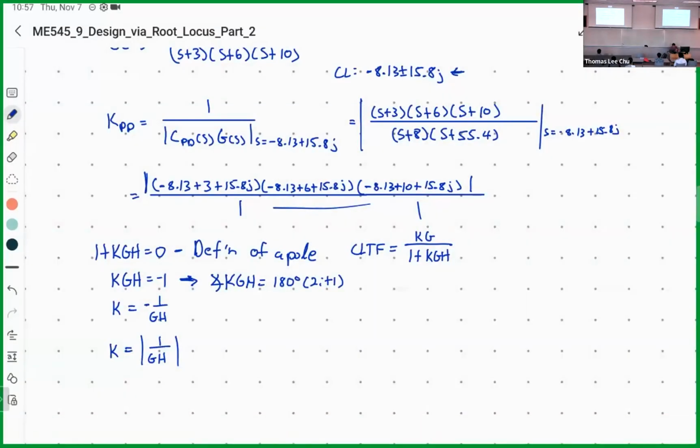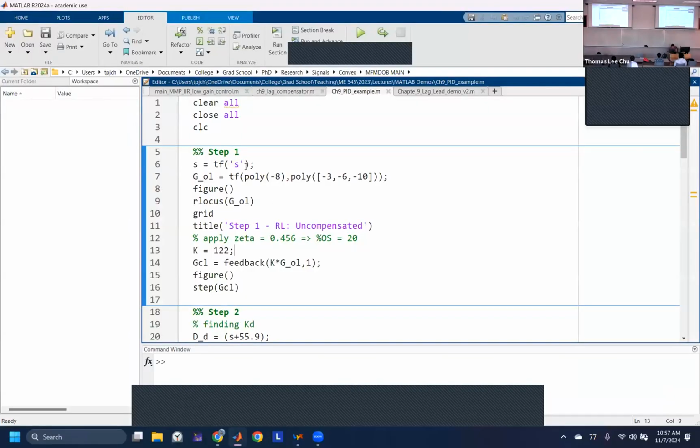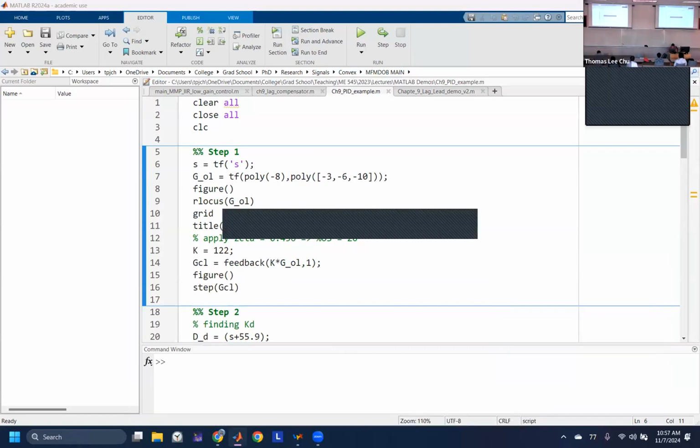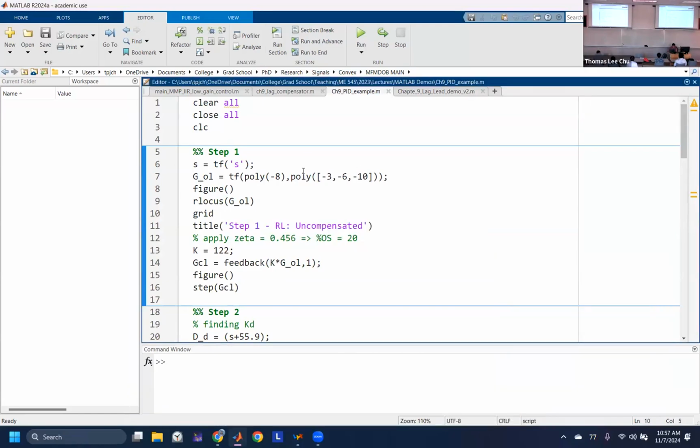All right, so share my screen. All right, so this is my PID example, and step one is to define our open loop transfer function right here, and then we get our root locus, and then we are looking for zeta equal to 0.456, which corresponds to 20% overshoot.